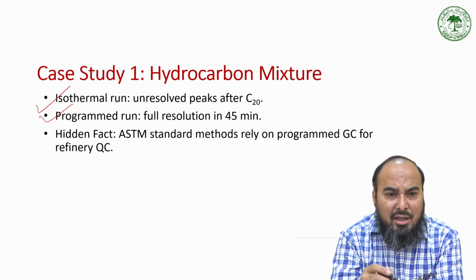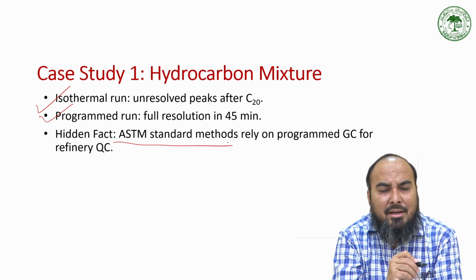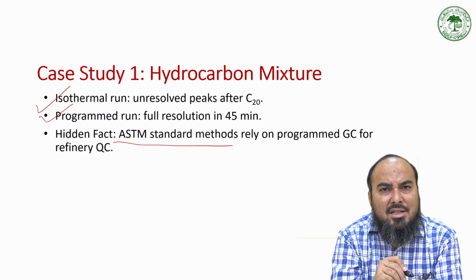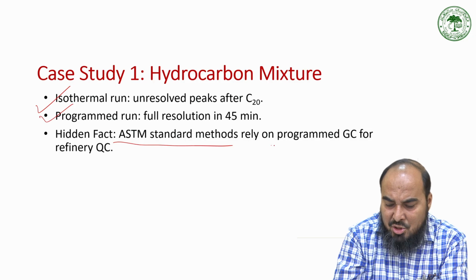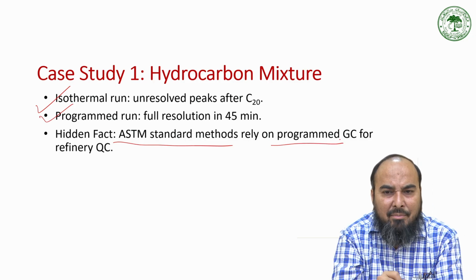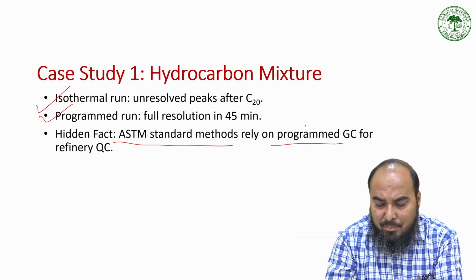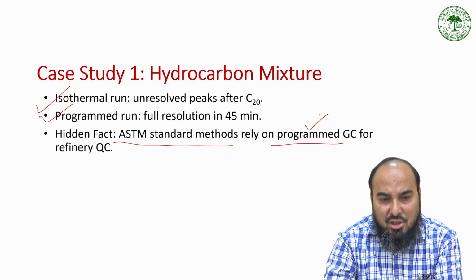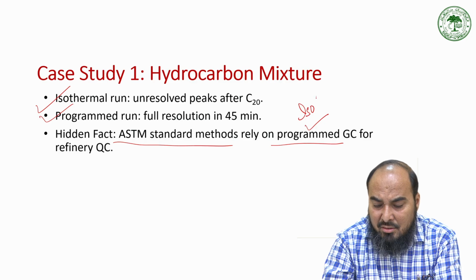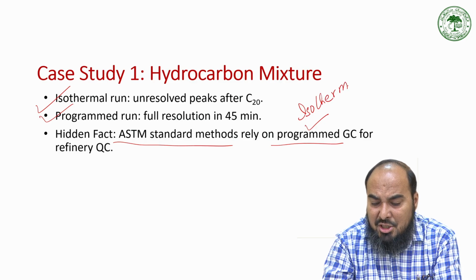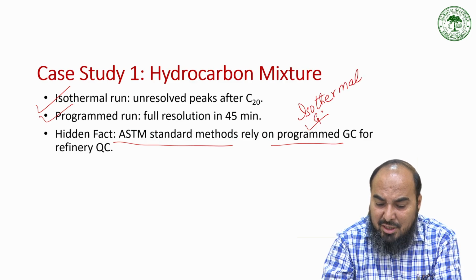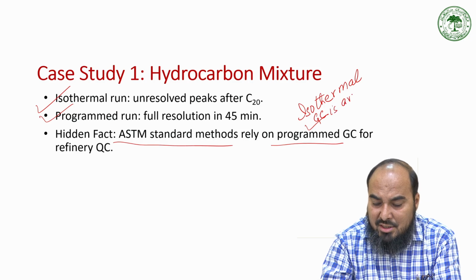As I discussed earlier, the ASTM, that is the American Society for Testing of Materials, recommends relying on programmed GC. For example, in refinery quality control, it is always programmed GC, not isothermal GC. Isothermal GC is a traditional one and is avoided in such cases.